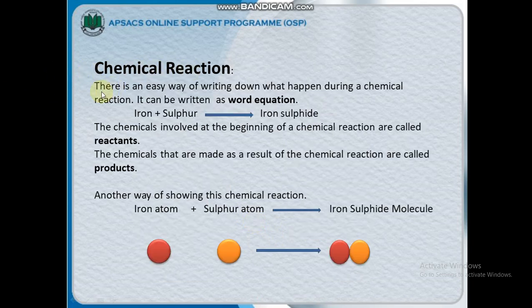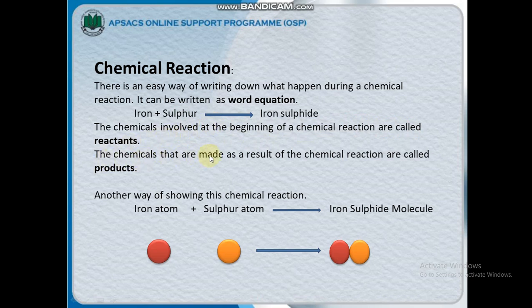Chemical reaction. There is an easy way of writing down what happens during a chemical reaction. It can be written as a word equation. This is the word equation for the reaction between iron and sulfur when they are heated together. The chemicals involved at the beginning of a chemical reaction are called reactants.